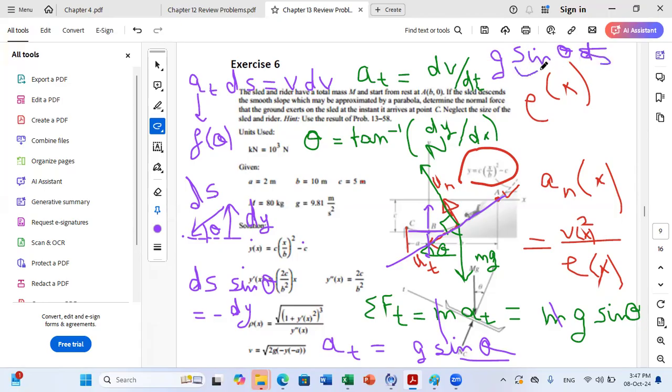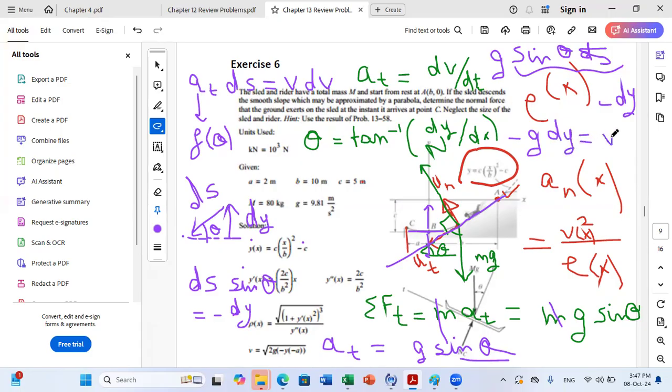I can replace this term by minus dy, okay? So I was able to come up with a really very simple relation from a very complex analysis. So my relation is the following: minus g dy equals v dv. And now if you integrate, can you tell me what you obtain if you integrate both sides?